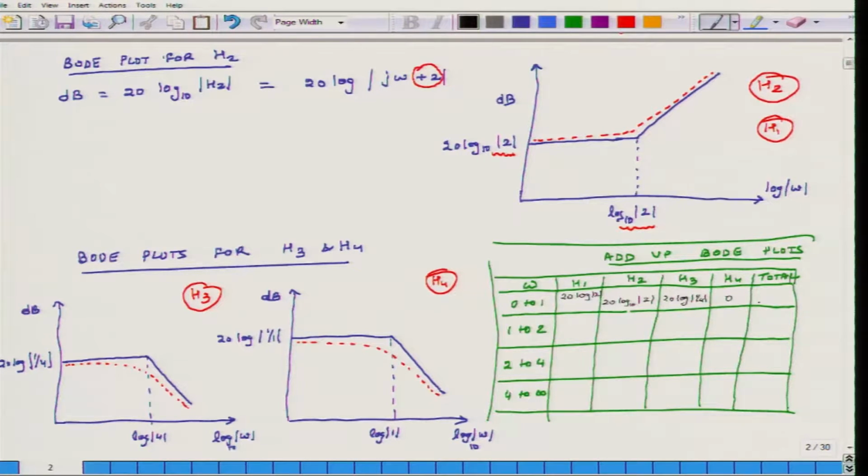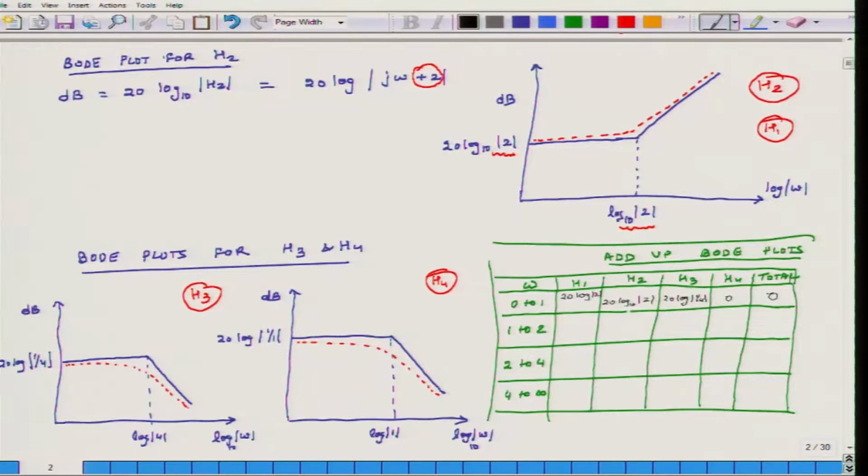So, when I add these up, the total in decibels: log 2 plus log 2 is 2 log 2, and log of 1 over 4 is minus log 4. So, H1, H2 and H3 will add up to cancel each other, and H4 is anyway 0.